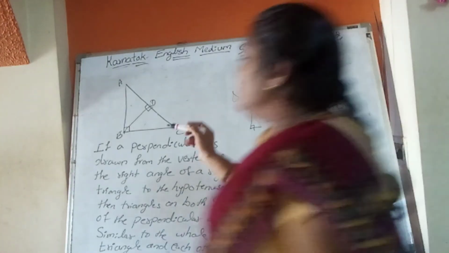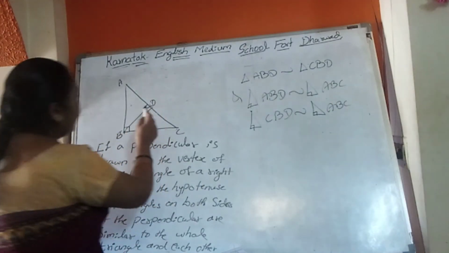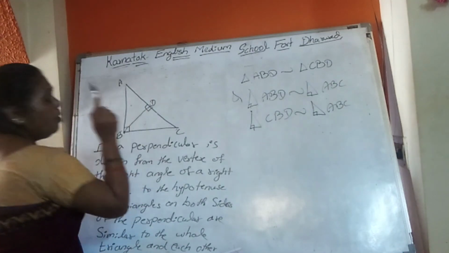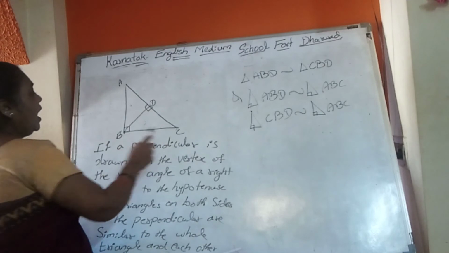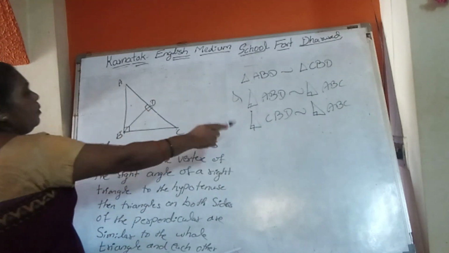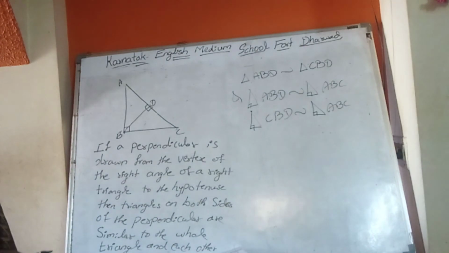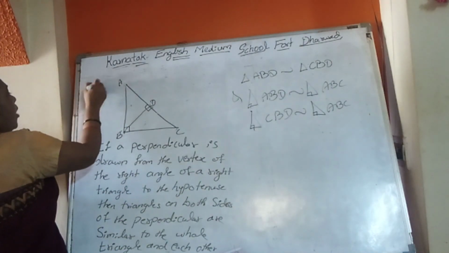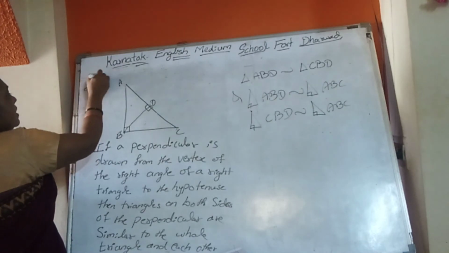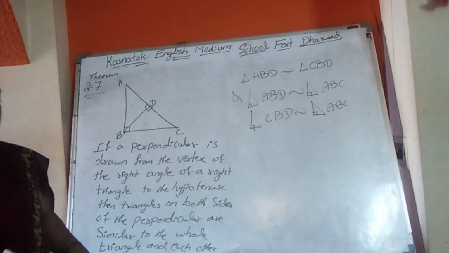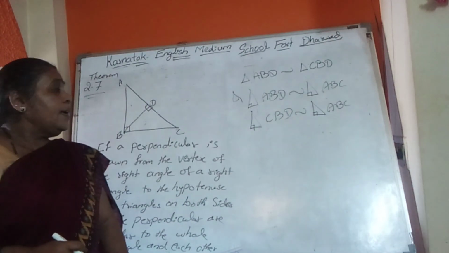So observe here, triangle ABD is similar to triangle ABC and triangle CBD is similar to triangle ABC. This is theorem number 2.7. So what is that?